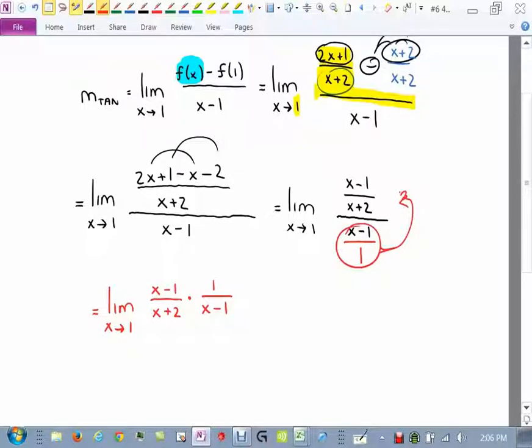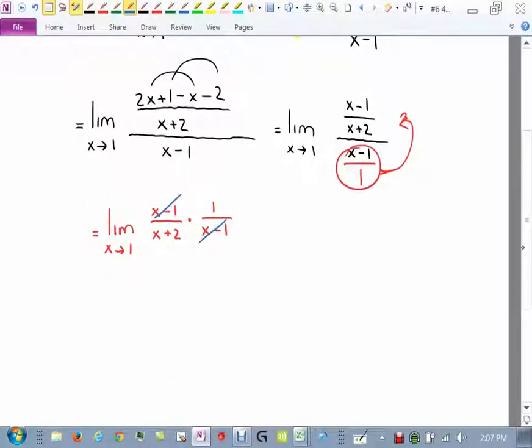And now you can see quite a nice thing happens. Those cancel. So I'm left with the limit as x approaches 1 of 1 over x plus 2. And now let x go to 1, you get 1 over 3. So this limit is 1 over 3, which means the slope of my tangent line is 1 over 3.